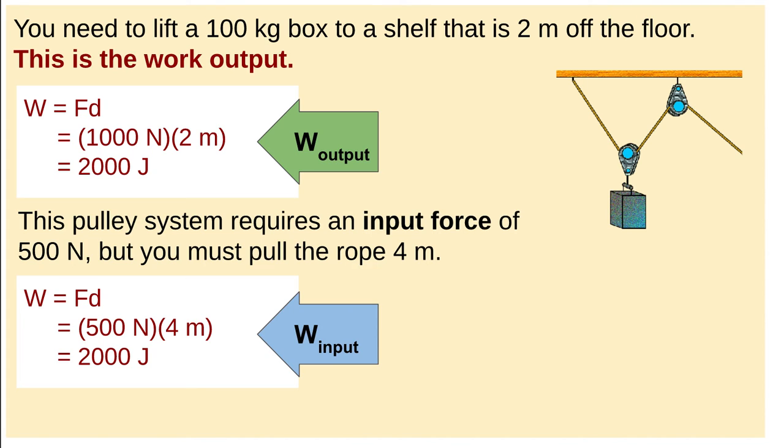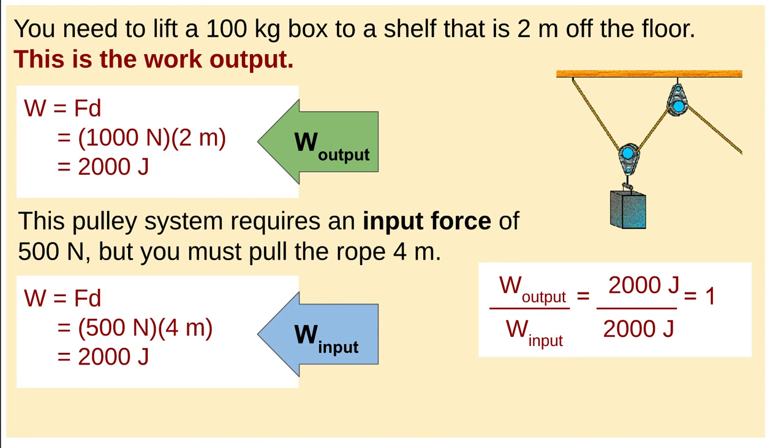This is like a perfect system. This doesn't really happen in everyday life. This would be what I'm going to call 100% efficiency. What I mean by that is that if we compare the output to the input, 2,000 joules over 2,000 joules, those are the exact same, it equals 1.